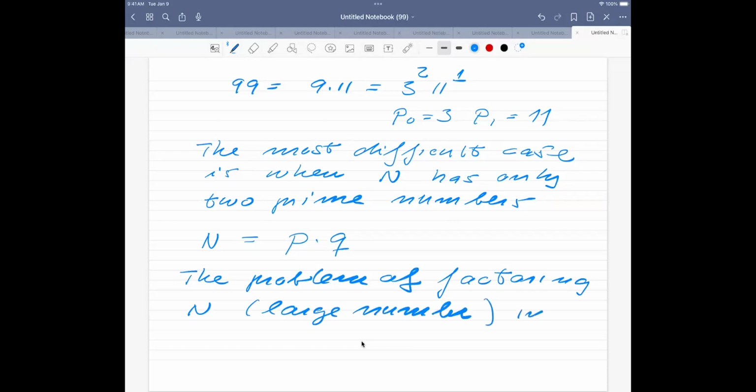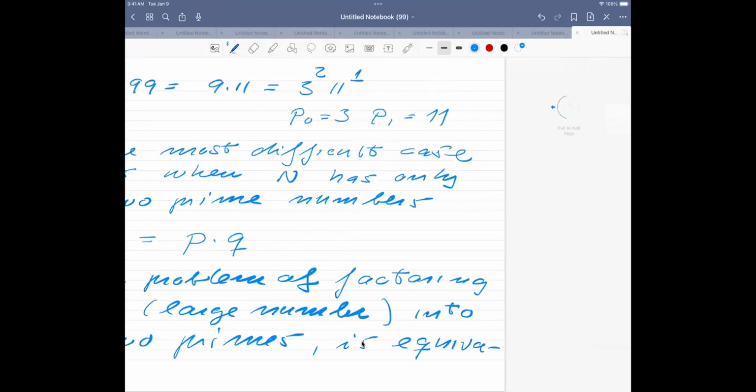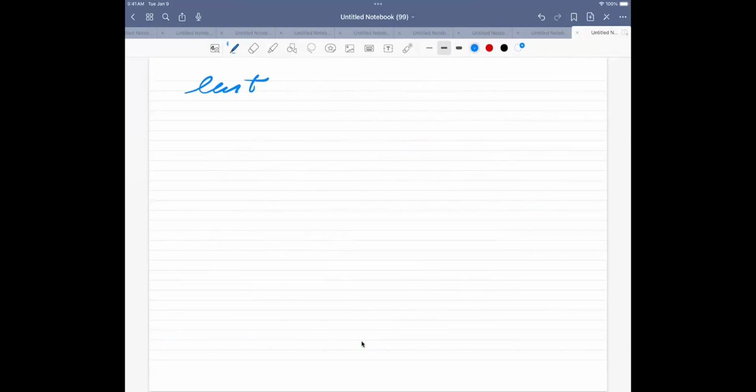Into these 2 primes, that is actually equivalent to solving the following problem. And let me just bring this up here. So that is equivalent to solving a problem where we have x to the power of r equal to 1 modulus n. And what we have is positive integers.